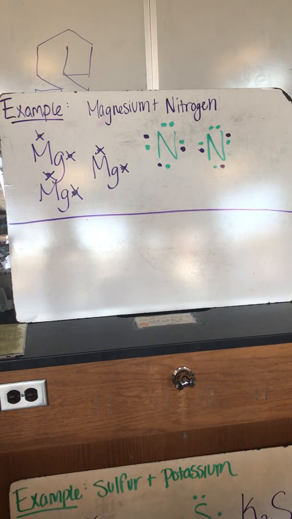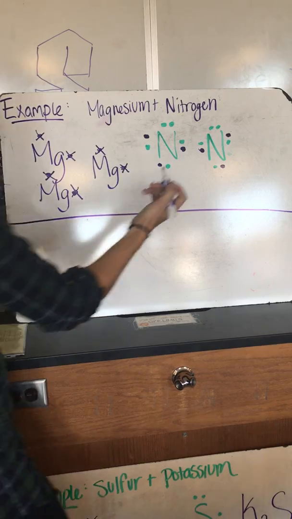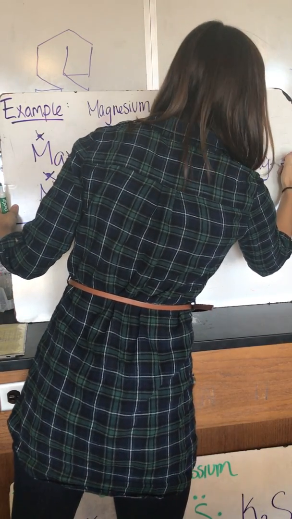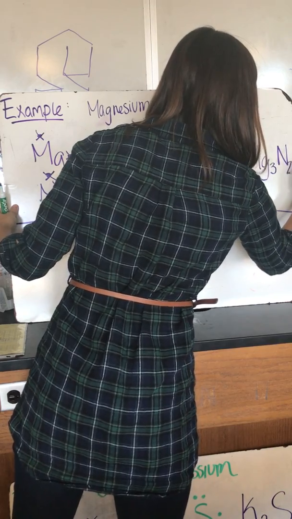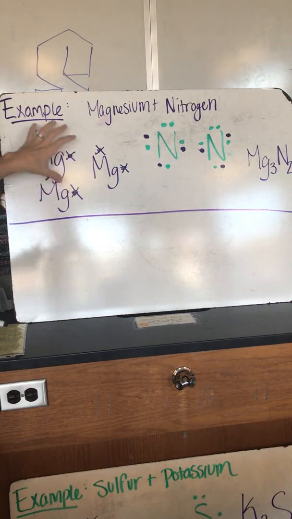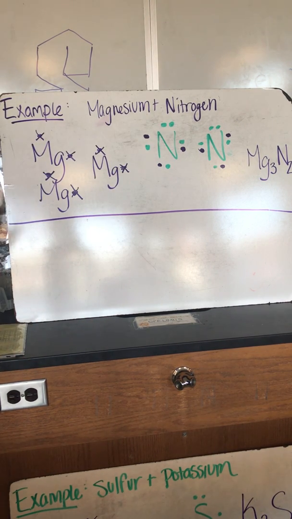So now I have 3 magnesiums to fill out 2 nitrogens. So my formula becomes Mg3N2 because I had 3 magnesiums and I had to give all of those electrons to the 2 nitrogens to make a complete shell for both of those.